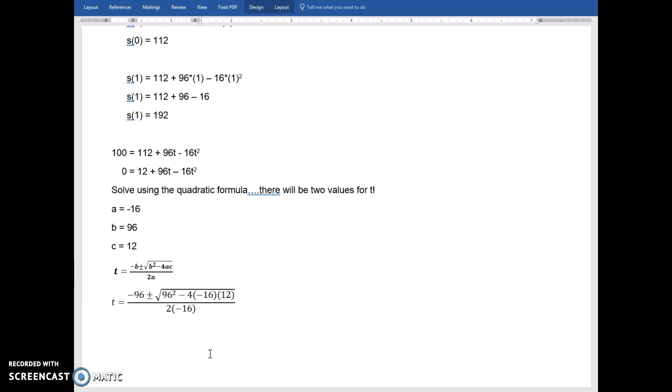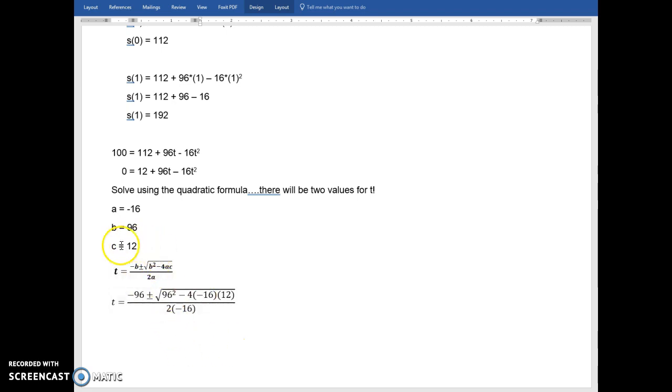I'm going to give you a little hint here. One of them should be a positive value, and the other one should be negative. And since we're talking about time, that negative value is really not going to make sense here. If you think about somebody standing on top of a building that's 112 feet tall, and then throwing the ball up into the air, and it goes to its peak and keeps falling down, it's only going to reach 100 feet one time, and that's after it falls 12 feet below the height of the building.